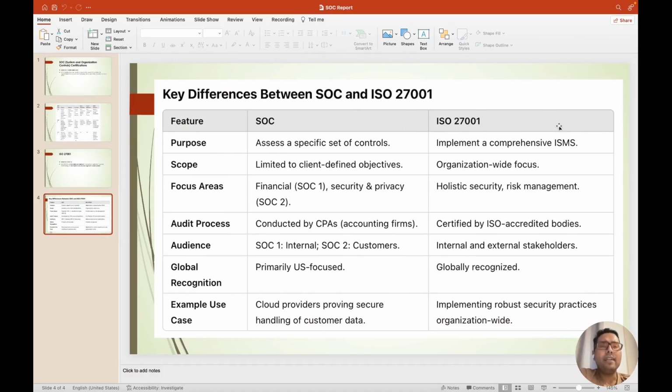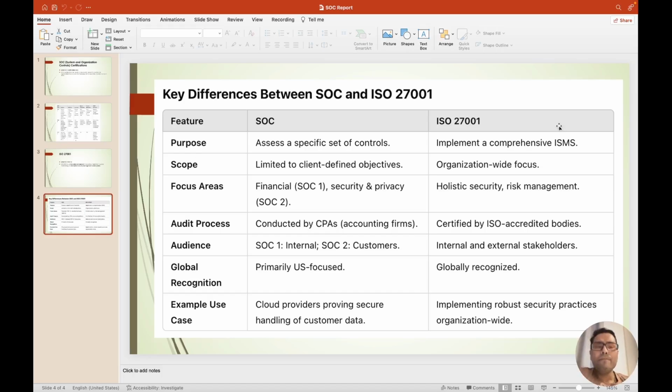It is for all companies, because it is not limited to any specific control, it is an organization wide control, and all the controls focus on systematically using the information security management system.